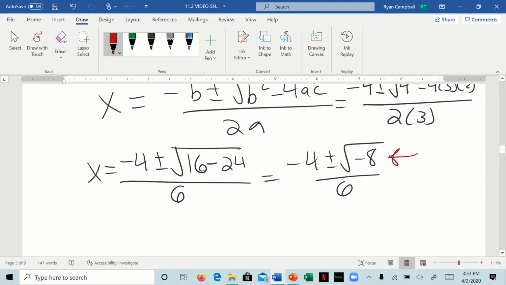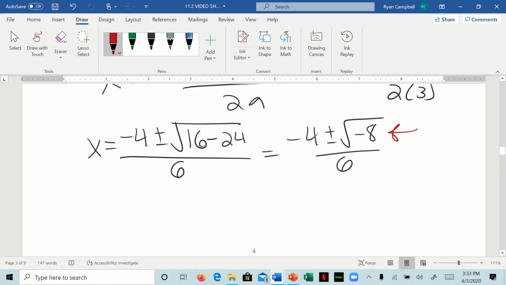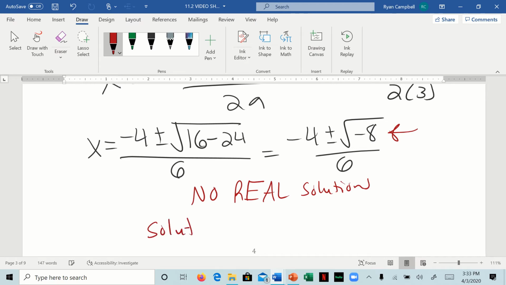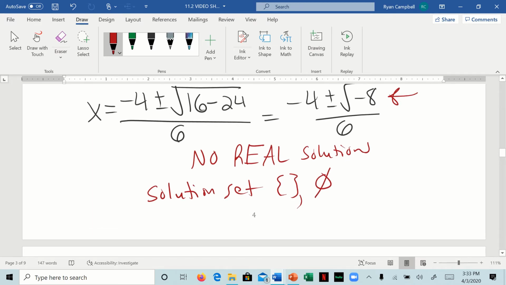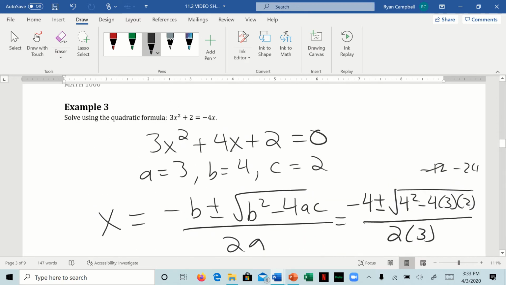That's bad, right? So that means that we have no real solutions. So our solution set is the empty set: open bracket, close bracket, or 0 with the line through it. And we're done. This one doesn't have any solutions.